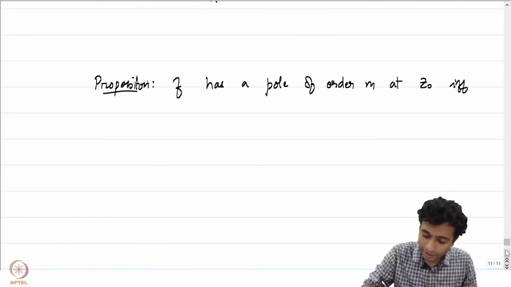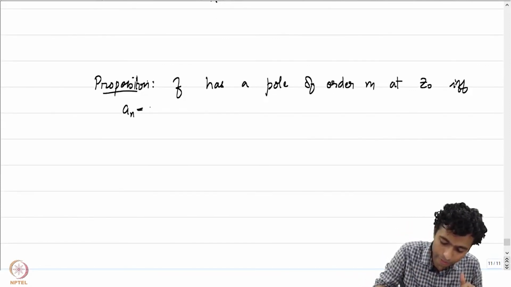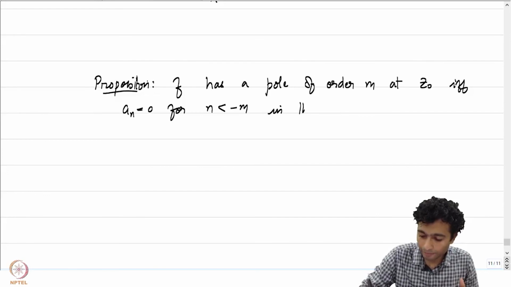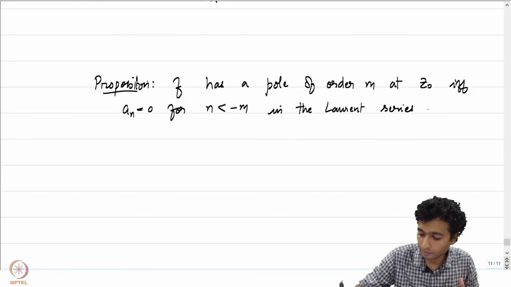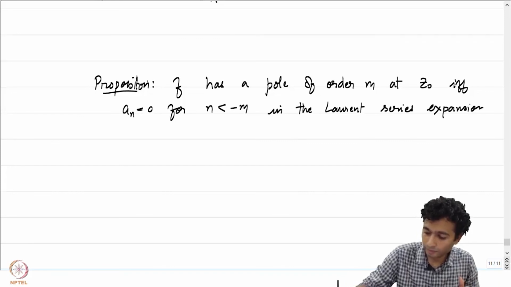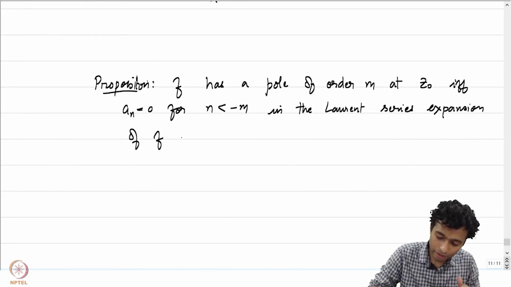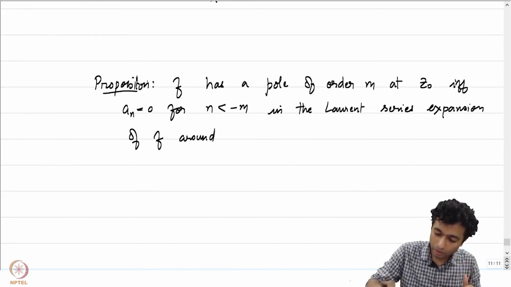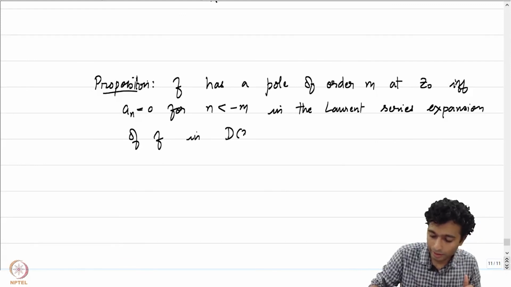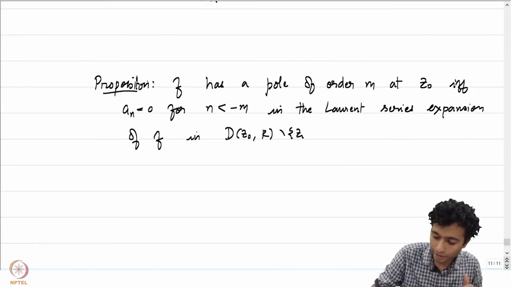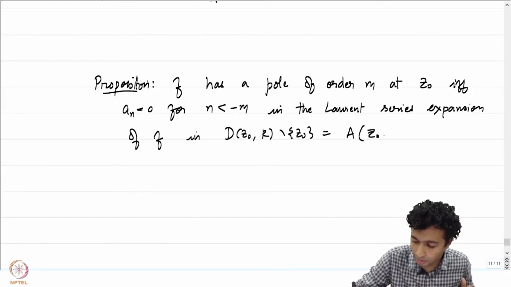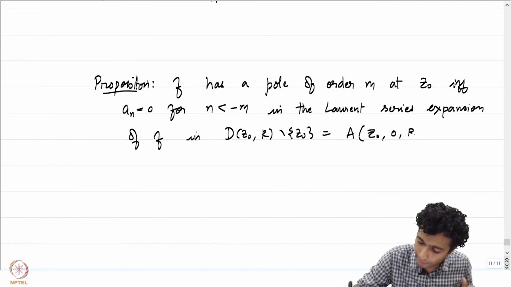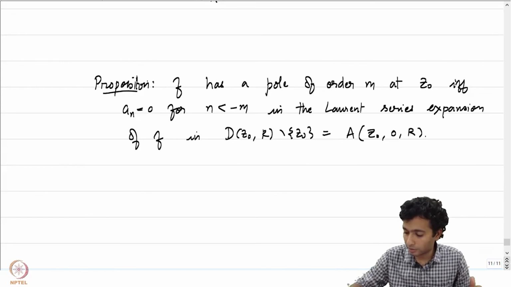And here we are just saying that a_n is equal to 0 for n less than minus m in the Laurent series expansion of f in D(z0, R) minus z0, in the annulus. Again, this is an if and only if statement. So, remember that this is the annulus of radii 0 and capital R, and there is the Laurent series that we are considering.